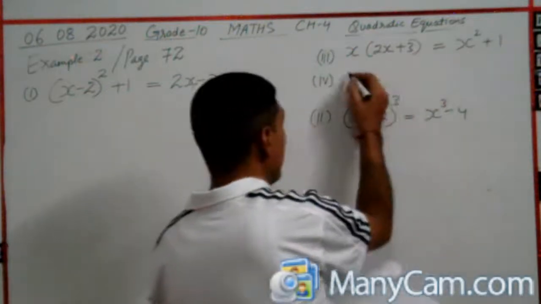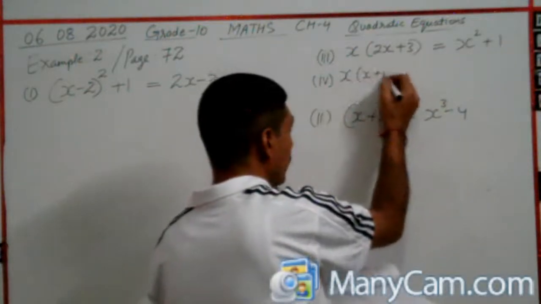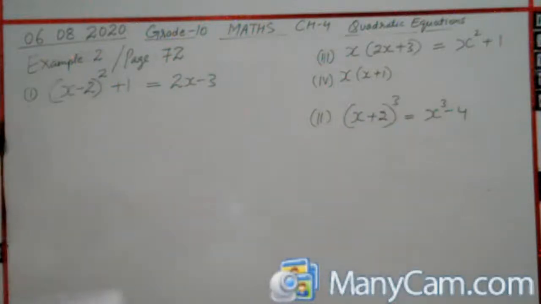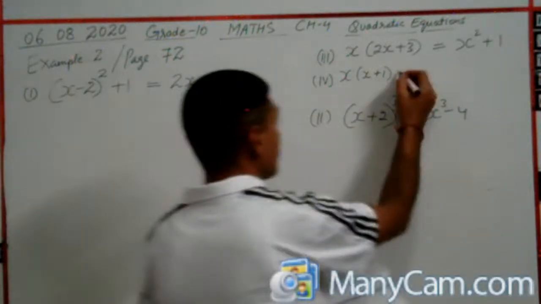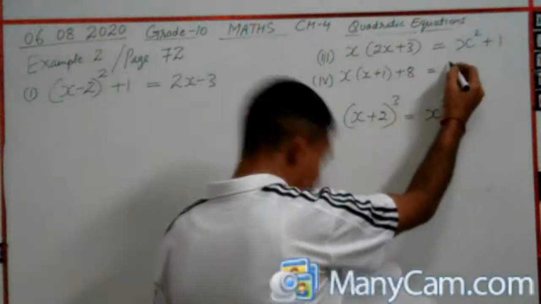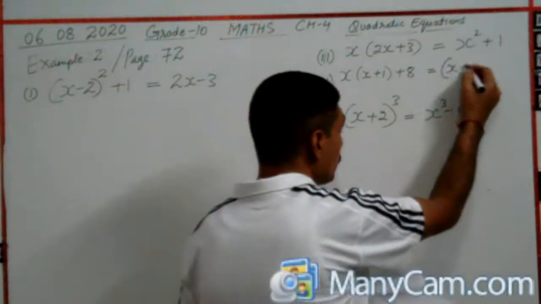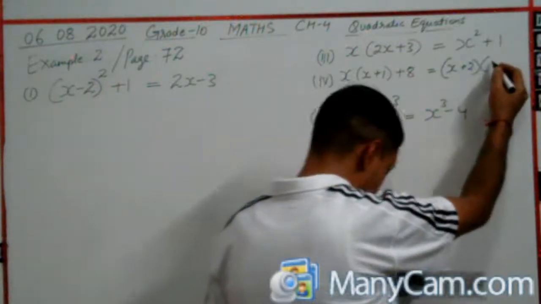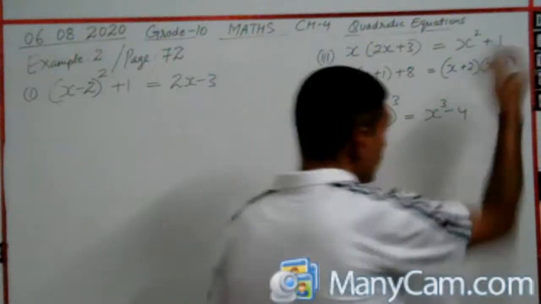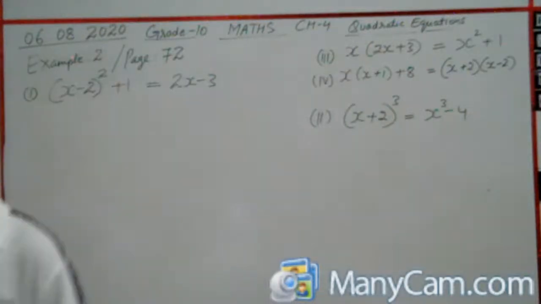And the fourth part is x into (x plus 1) plus 8 is equal to (x plus 2) into (x minus 2). These are the 4 parts of this example.